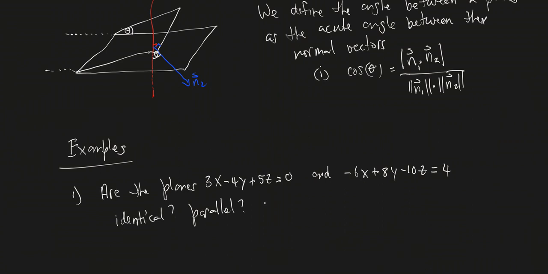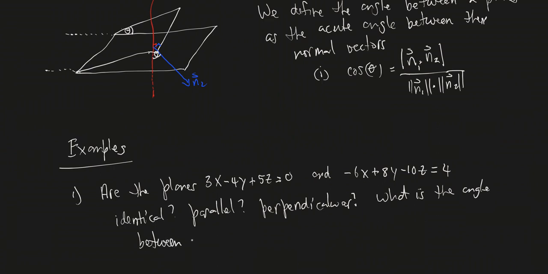Are they perpendicular? We'll answer those, and what is the angle between them? If, for instance, they are the exact same plane, then technically the angle between them would be 0. So we'll see. What is the angle between them?